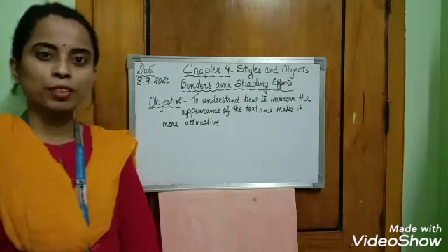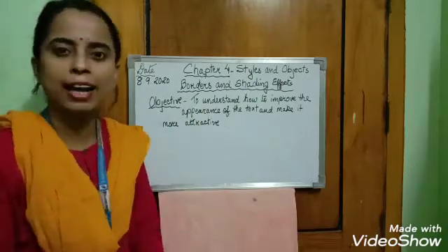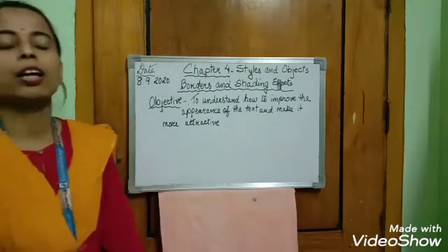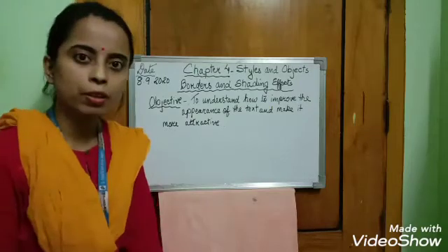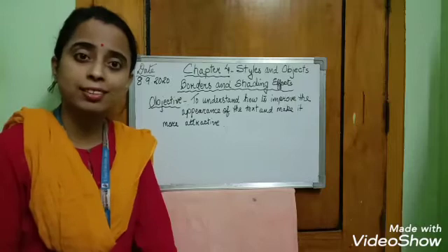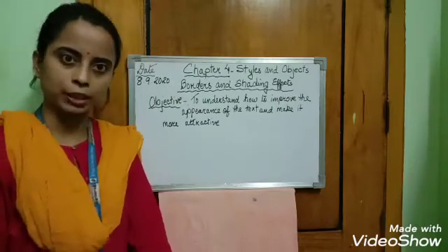So students, in our last class, we started chapter 4, which is about styles and objects. Which topic did we learn from that chapter? We learned how to insert shapes and symbols in a Word document.